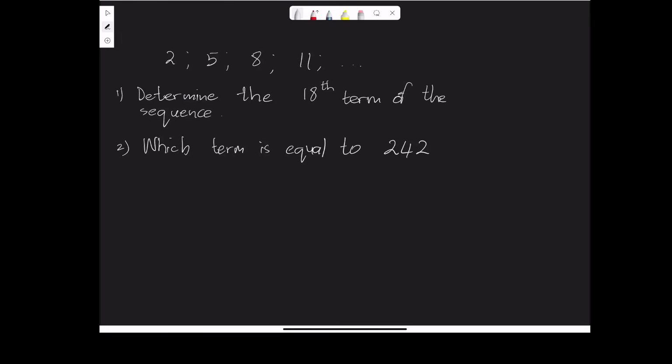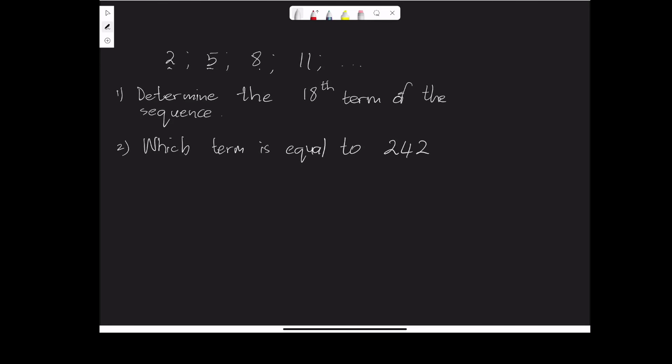We're given a pattern. The first term there is 2, and we've got 5, 8 and 11. First of all, let's determine what type of sequence it is. To get from 2 to 5, I would have to add 3. But is it the same to get to the third term?